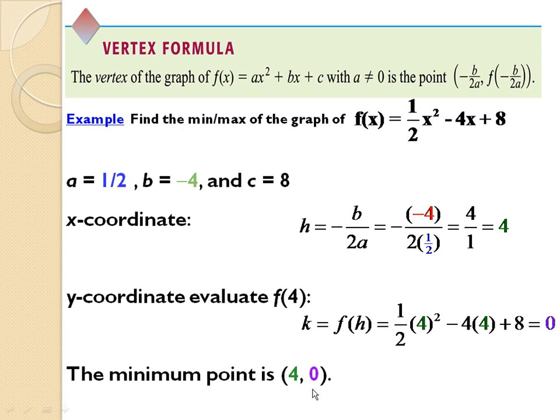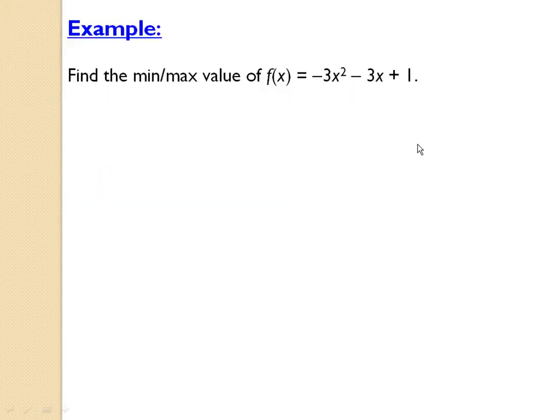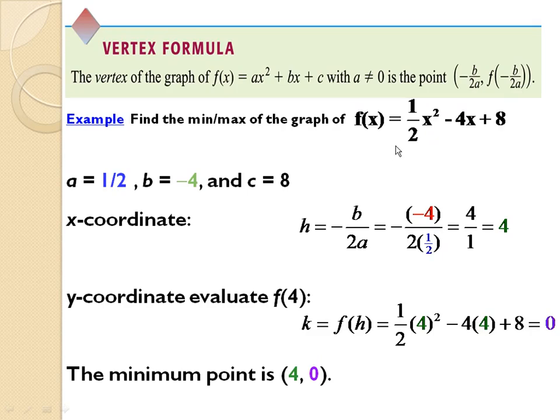Now, why is it a minimum point? Note in the original function we have 1/2 x squared minus 4x plus 8. Notice that the 1/2 is positive here, so therefore our graph will open up like so.